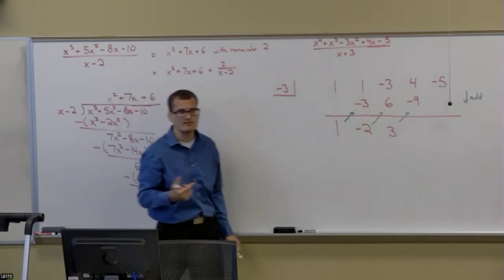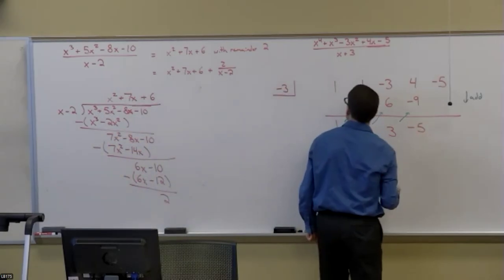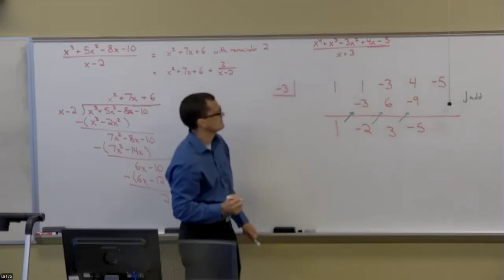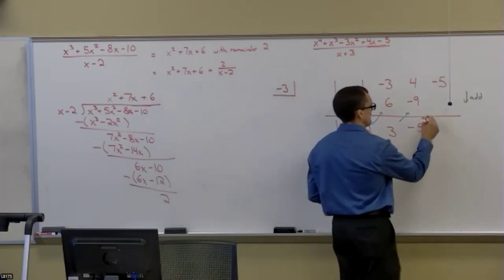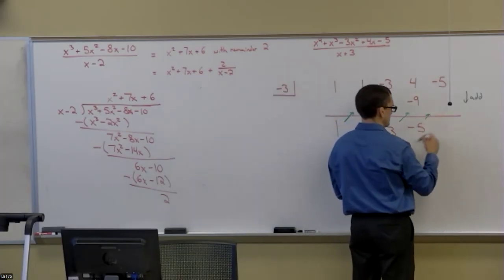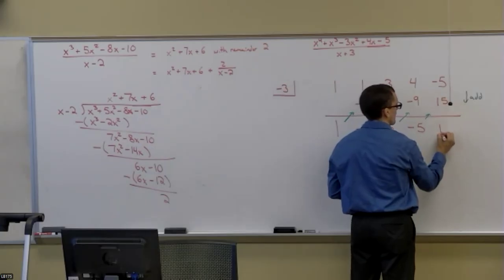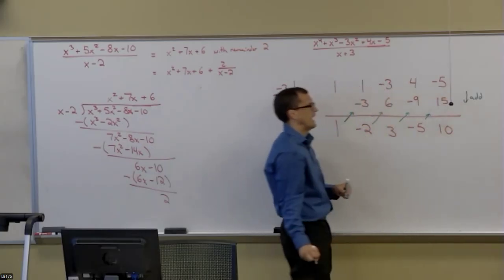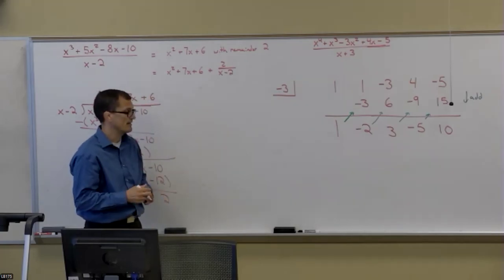Four plus -9 is a -5. -3 times -5 is a +15. And I'd be left with 10 in my final spot there.